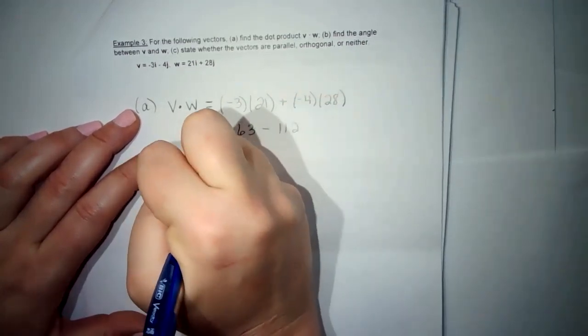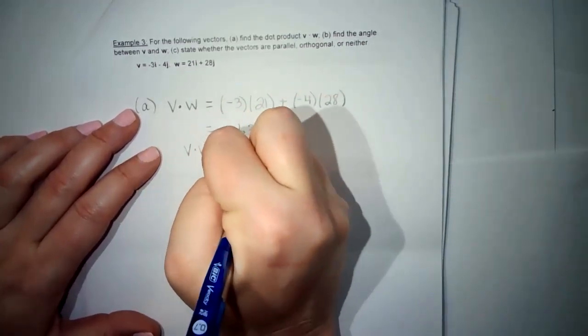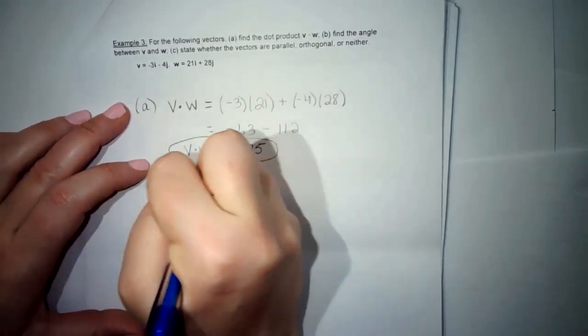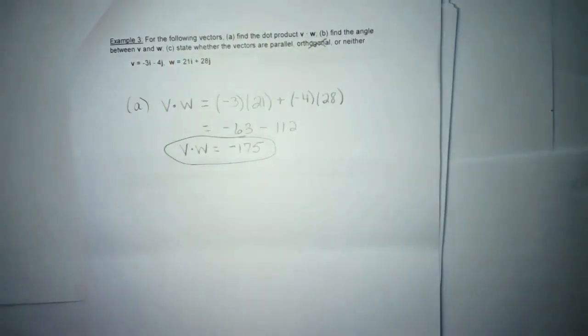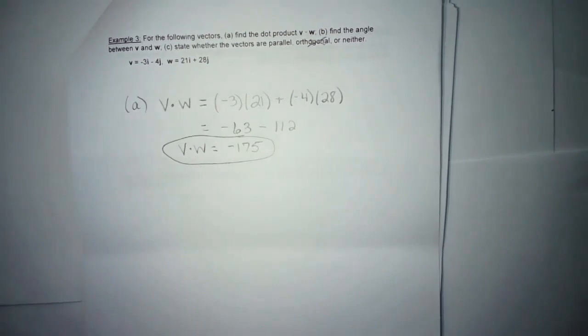So my dot product is negative 175. Well, it's definitely not orthogonal. Is there any way for me to know if it's parallel yet? No, got to keep going.